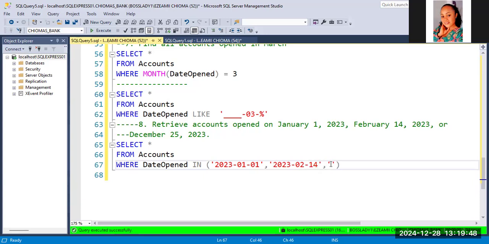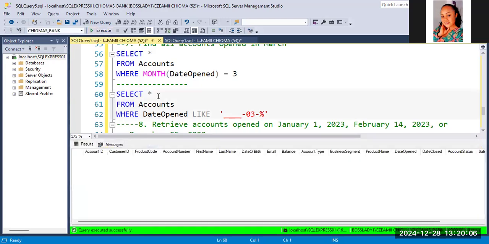We have the third one, 2023, 25. No, sorry, 12, 25. So this will help us to get data open in this period.